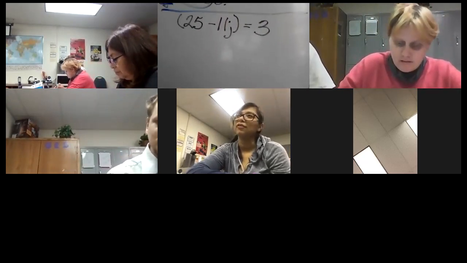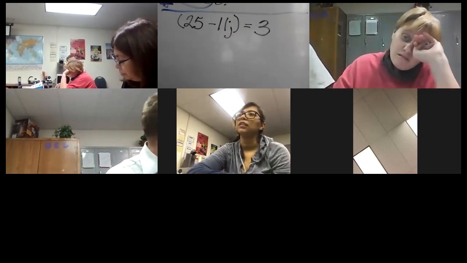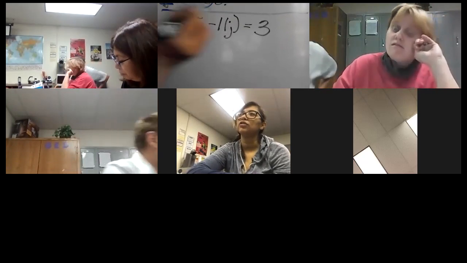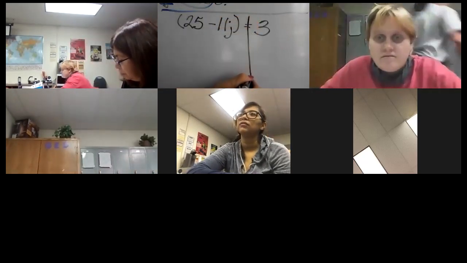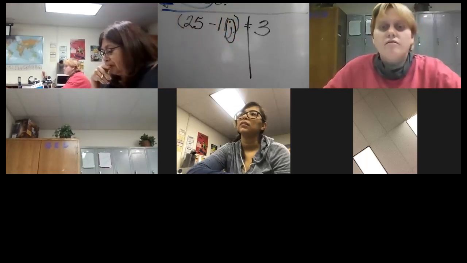Okay, here we are. All right, now when we get ready to solve this, of course, we're going to put our line down through the equal sign, and we're going to circle our variable, which is right here.